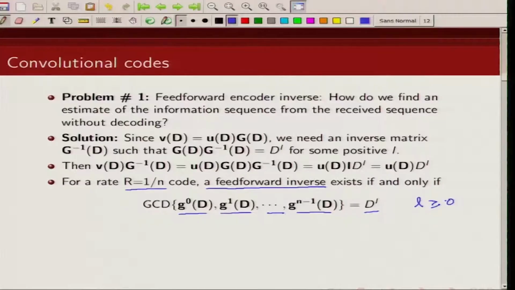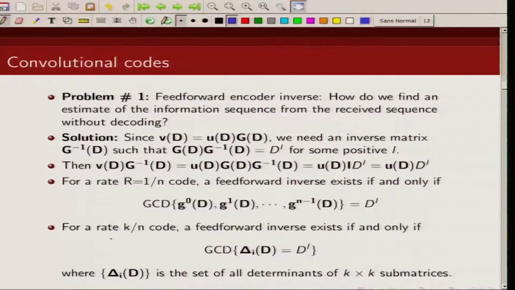So, they do not have any term common between them, just some delay element. If they have any term common, then a feed forward inverse would not exist; there will be a feedback inverse.